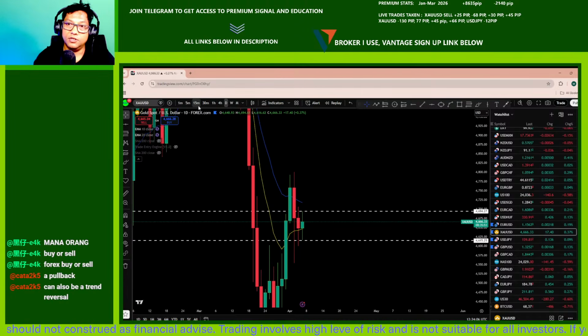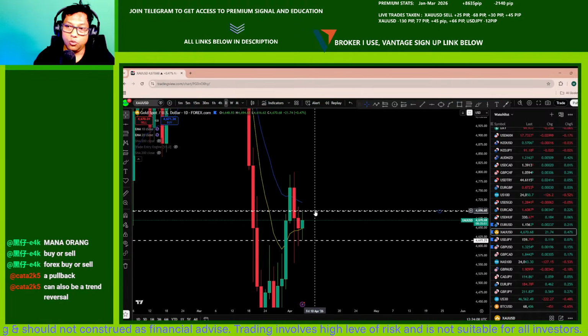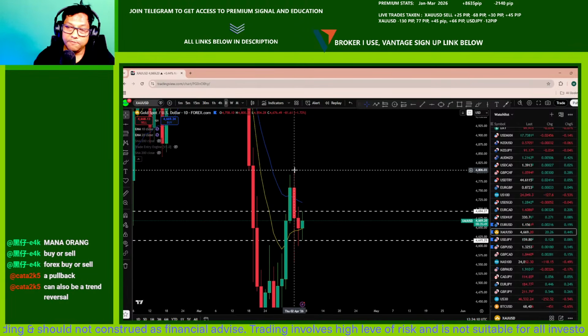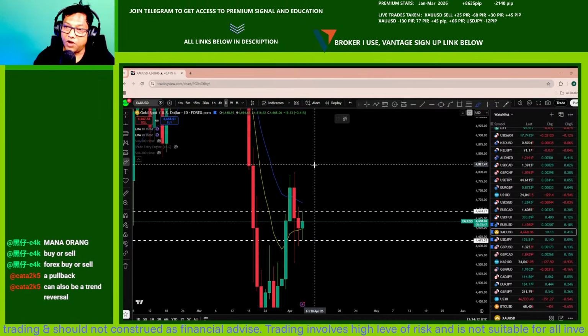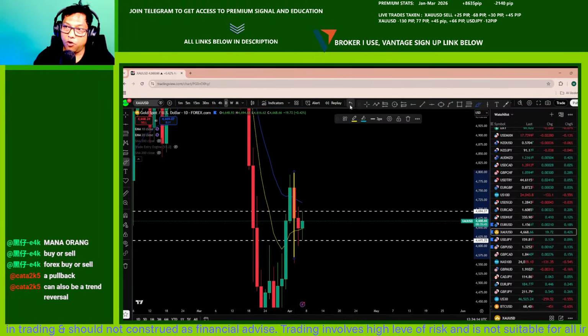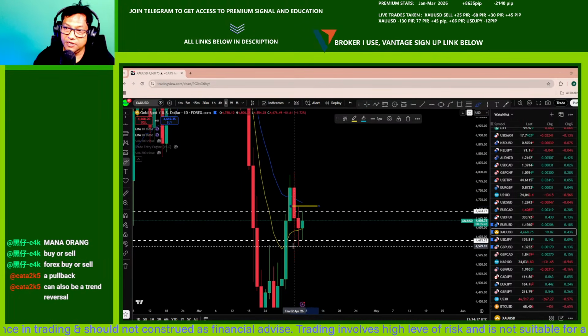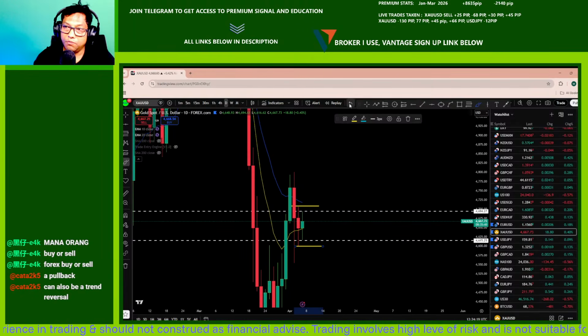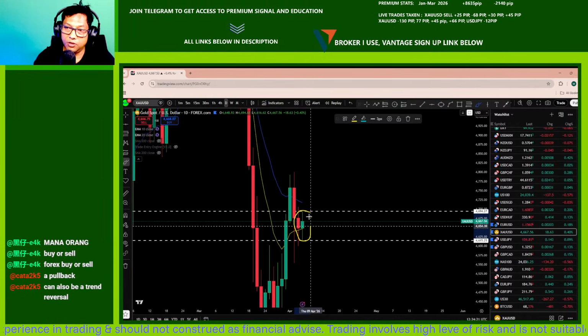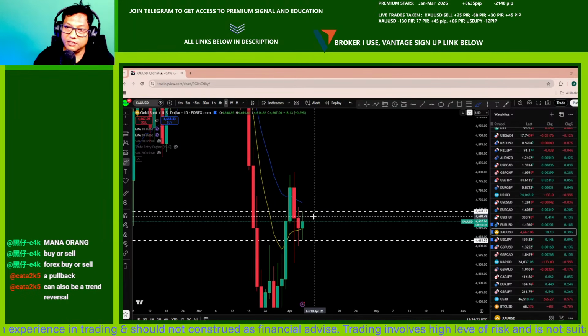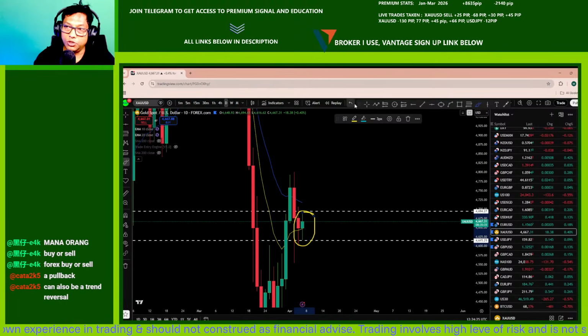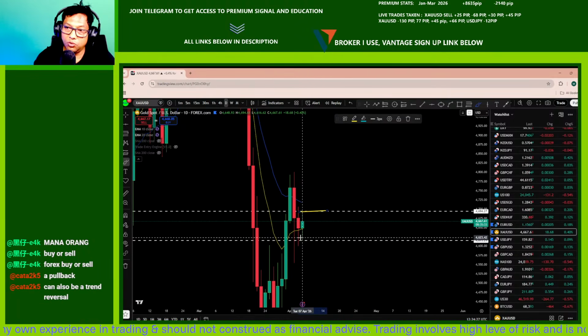Technically, looking at the daily chart, we have seen previously Friday's candlestick pattern, followed by another daily candlestick pattern, back to back two days, followed by another daily candlestick pattern which is now in this narrow area.